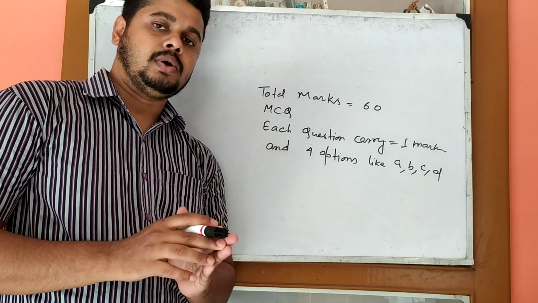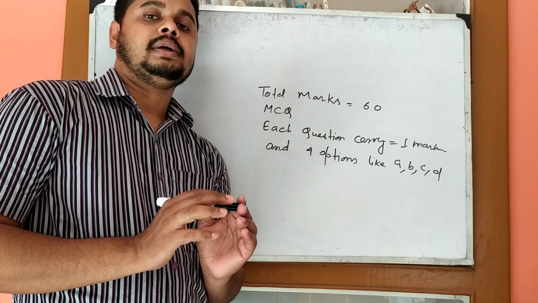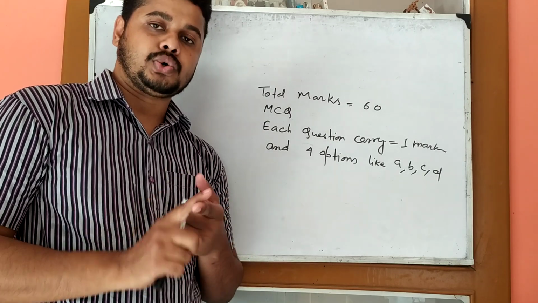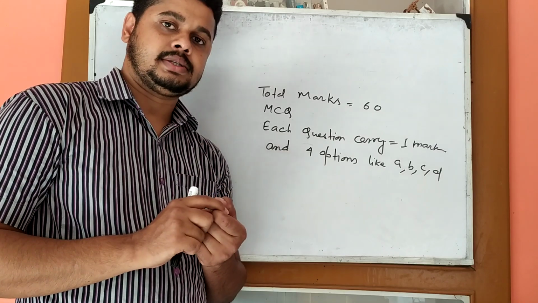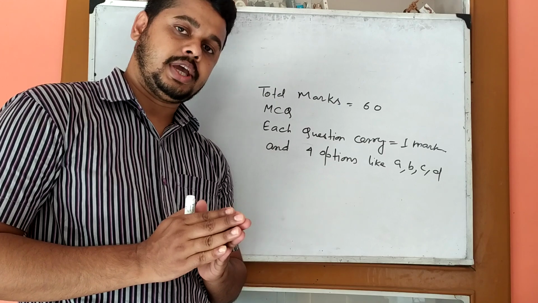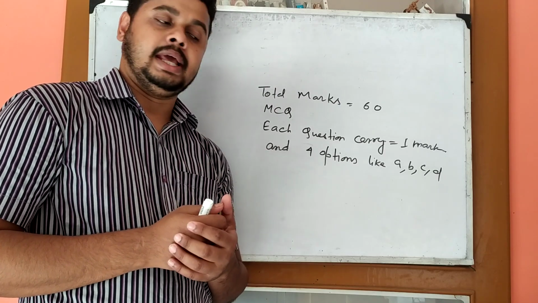Clear? So I repeat once again, 60 questions will be there. 60 questions means 60 marks because each question carries 1 mark. All of them are MCQ type with 4 options A, B, C, D, like that.